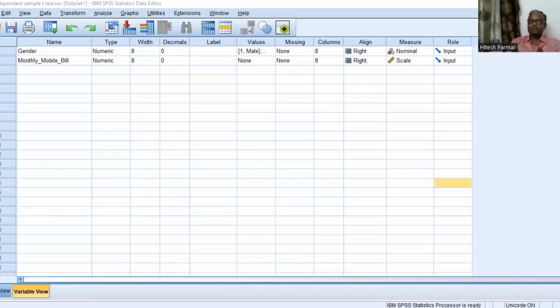So the distance between the male mean and the female mean is only 0.37 times the standard deviation, which is very small, right? These two means are very near to each other, and that is the reason the result came up as no significant difference.